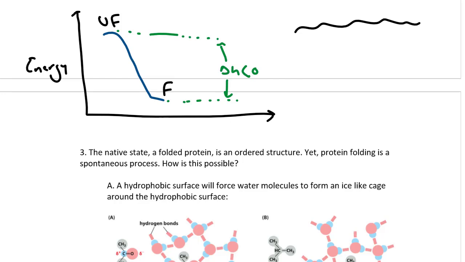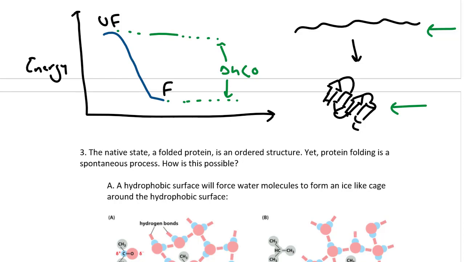And then this thing will go ahead and fold into some sort of structure with beta sheets and alpha helices, etc., right? By all appearances, this seems much more structured than this. So if I was going to look at it, I would think that the folded protein has lower entropy than the unfolded protein. So how can that happen?